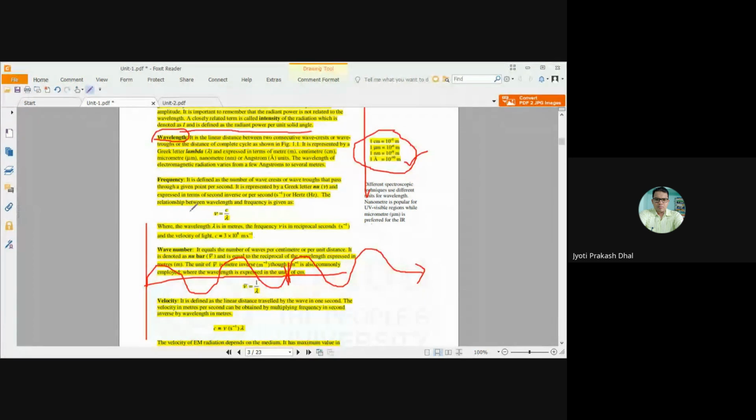And as wavelength is the length of a complete wave, and frequency is the number of complete waves passing through a particular point per second, frequency is inversely proportional to wavelength. That means if the wavelength is less, in 1 second more complete waves will be passing through that point. So that's why frequency is inversely proportional to wavelength.